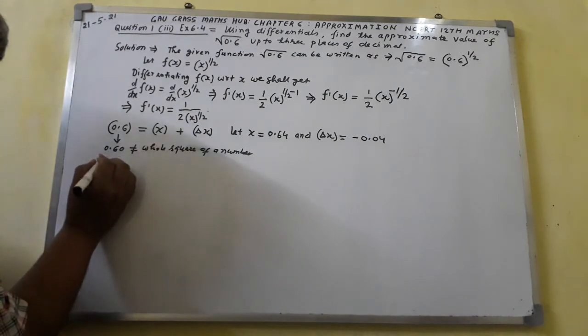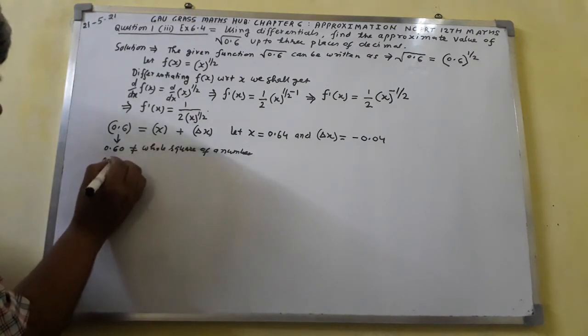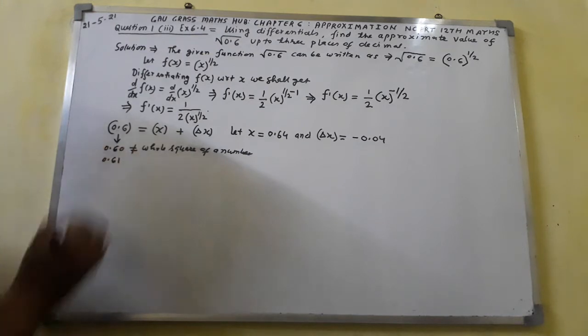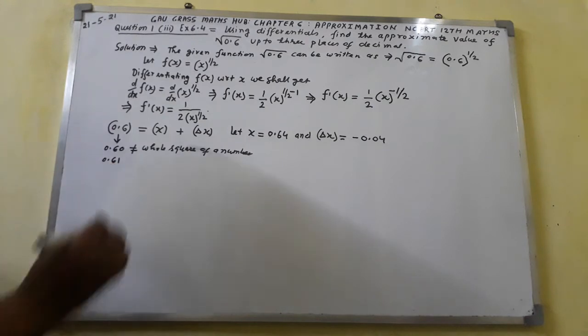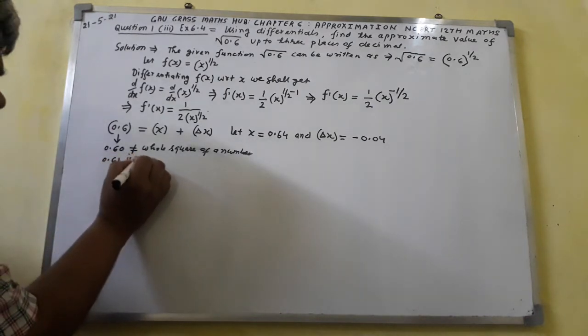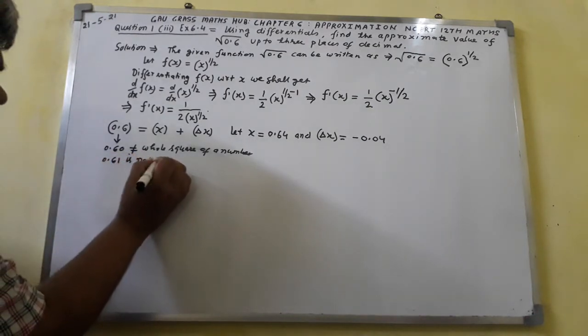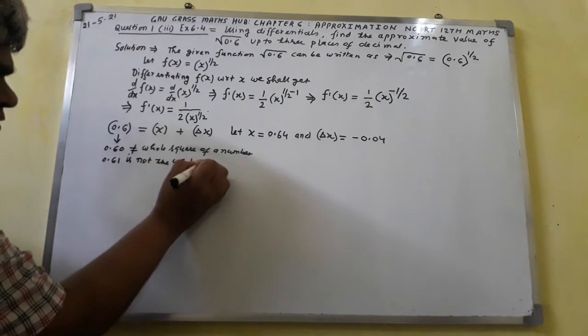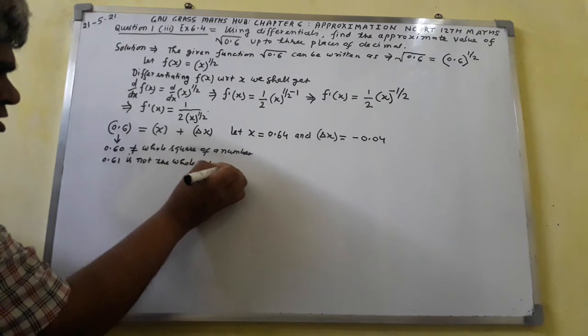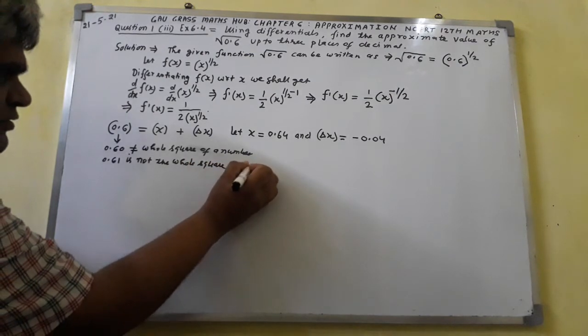Now proceed next. If I write here 0.61, so again 0.61 is not the whole square of a number.